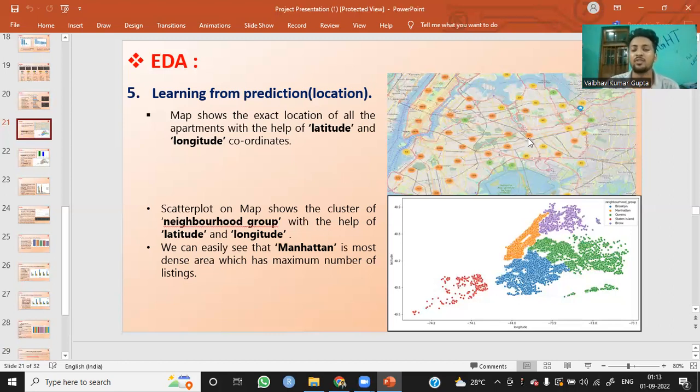I cannot zoom into it, but in the scatter plot we can clearly see that Manhattan has the highest number of listings, and the area is not too big compared to others, so it is more dense. Manhattan is maybe the busiest city where people mostly travel.